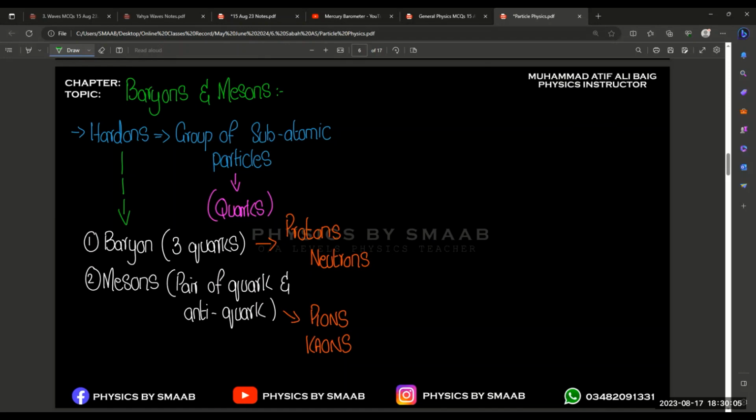So you just write the definitions, that mesons and baryons are the categories of hadron that are made from the group of subatomic particles called quarks, right? And for leptons, we already discussed that those are fundamental particles, and those particles cannot be derived from quarks, right? So there is a completely clear difference between leptons and quarks.